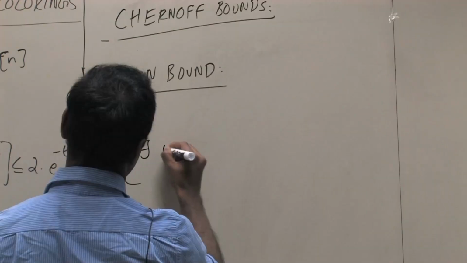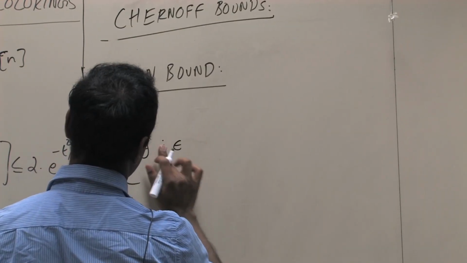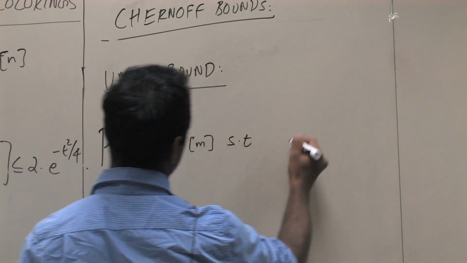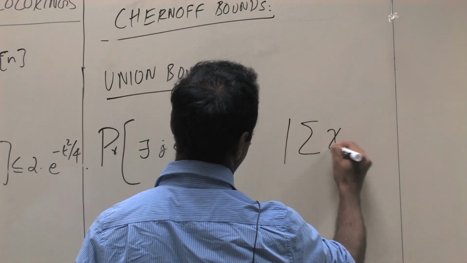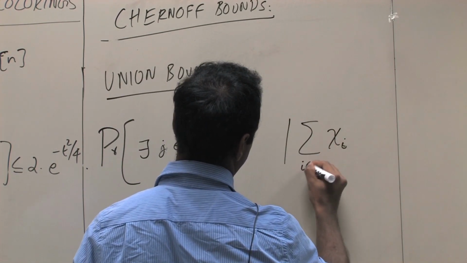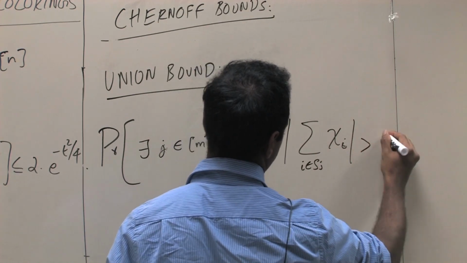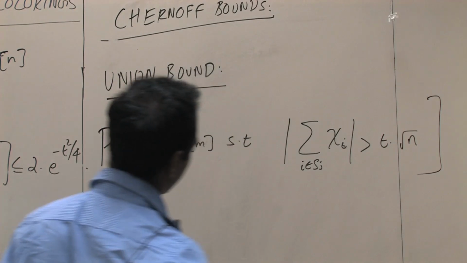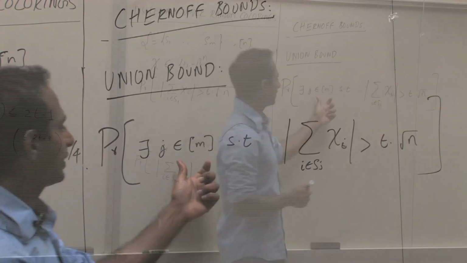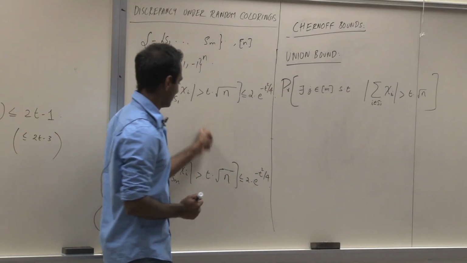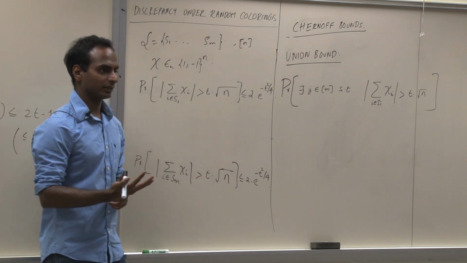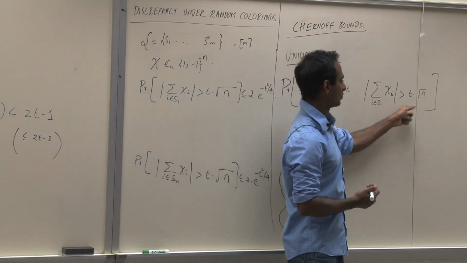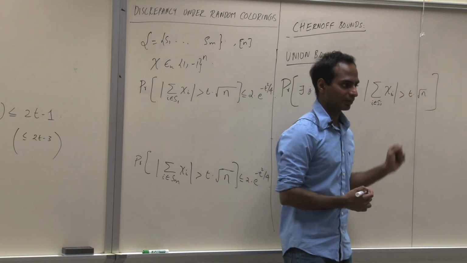So there exists i in m such that, okay, this is the probability that at least one of these inequalities is violated. Okay. So at least one of the sets has discrepancy more than t times square root of n.